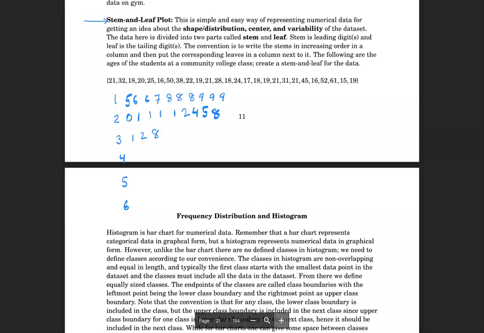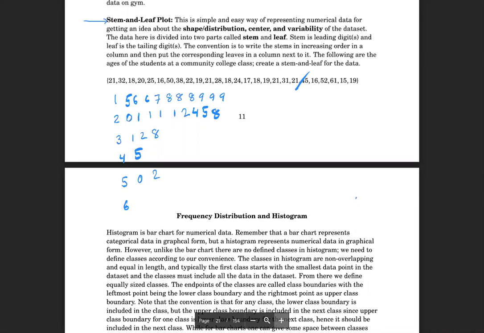Okay, look at 40s. How many 40s are there? 1 40s. And then for the 50s, you have a 50 and a 52. And those are the oldest.